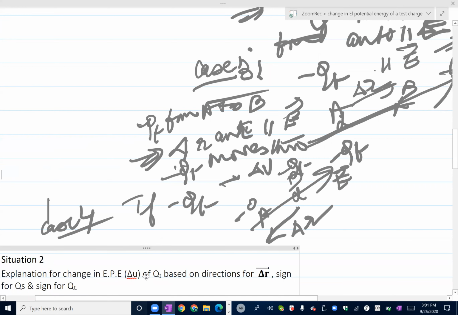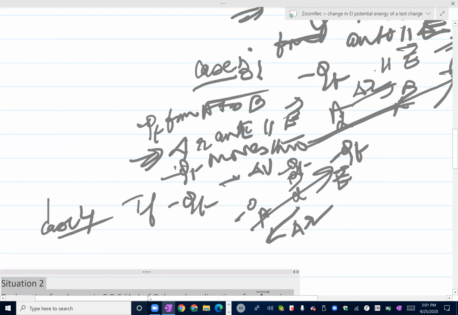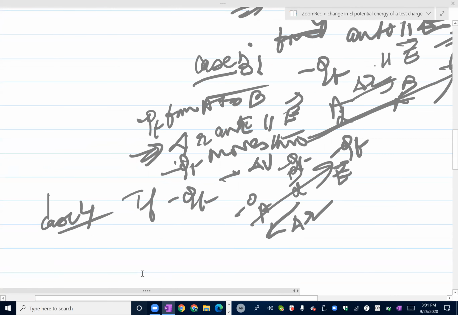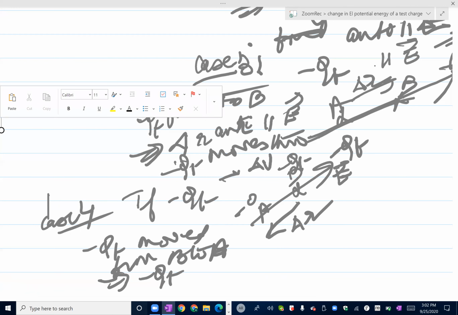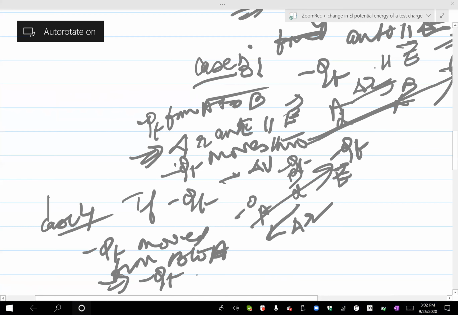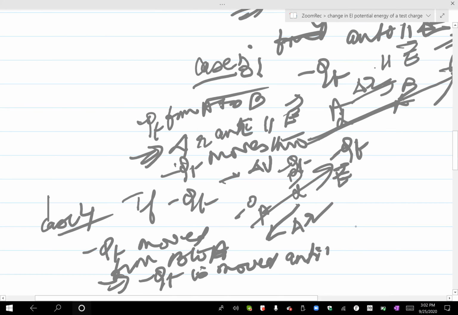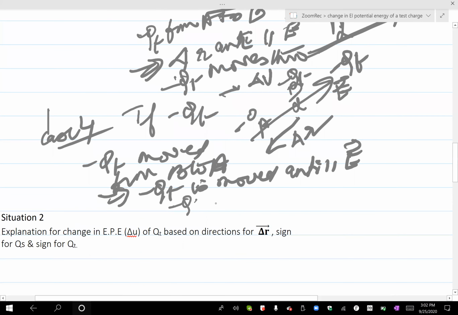Here, minus QT moved from B to A implies minus QT is moved anti-parallel to E. That implies minus QT is moved along plus delta V, and minus Q times plus will be minus.